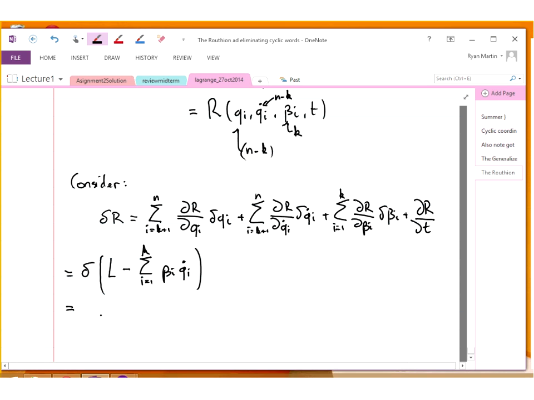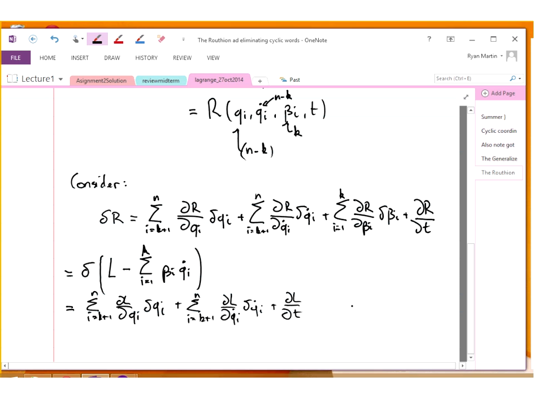The variation of L is going to be the sum from i equals k plus 1 to n of ∂L/∂qi δqi, plus the sum from i equals k plus 1 to n of ∂L/∂qi dot δqi dot, plus ∂L/∂t, and then minus the variation of the second term.